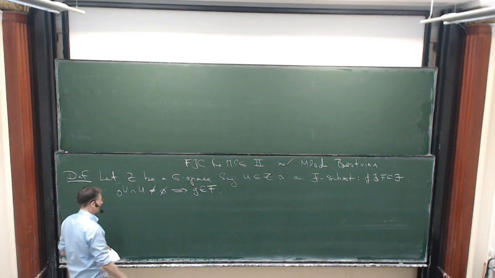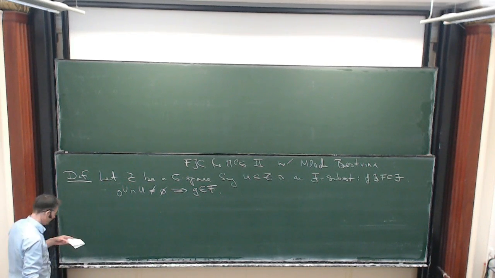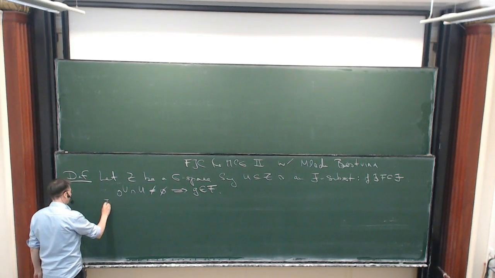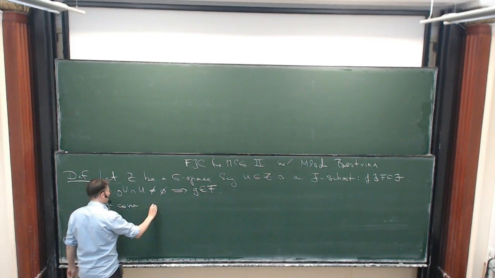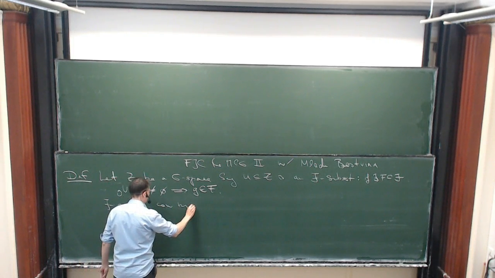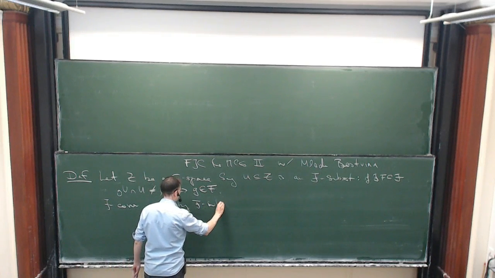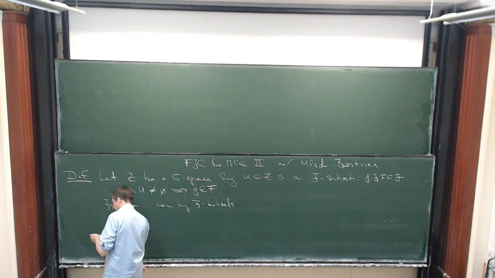And if it happens, then we're inside one of the groups we're working relative to. Okay, and then we say an F cover is a cover by F subsets.